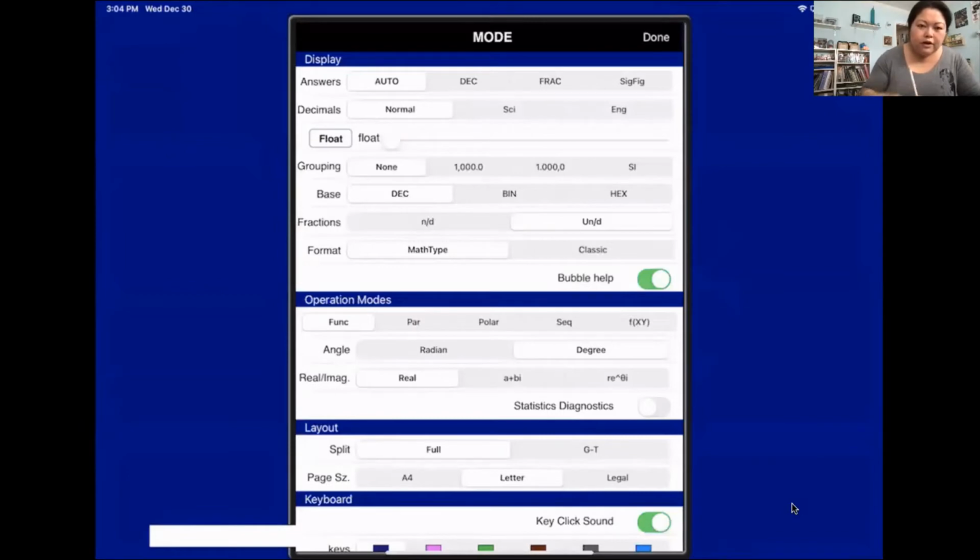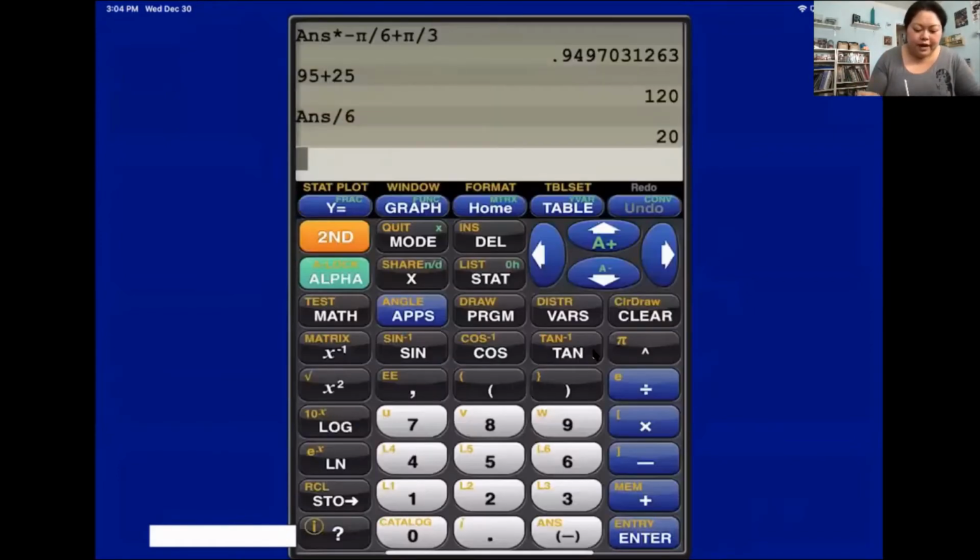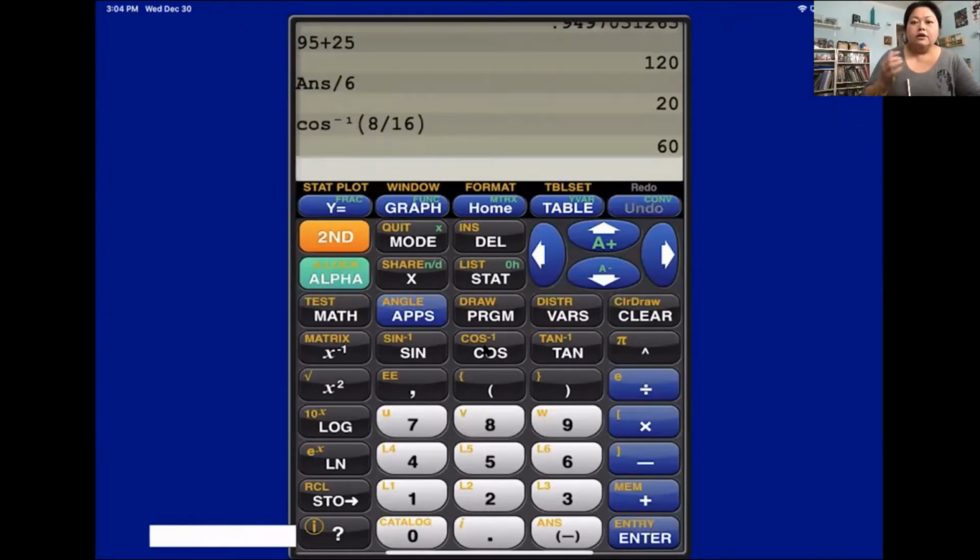Notice over here it says radian and degree. I want to make sure it's in degree, so mine is in degree. Yours may be a little different, but make sure the word degree is highlighted, okay? Now cosine inverse. This is my cosine button, but there's a little highlight in the upper corner, that's inverse. So second, cosine inverse of 8/16, close your parentheses, and then you push enter, you get 60.